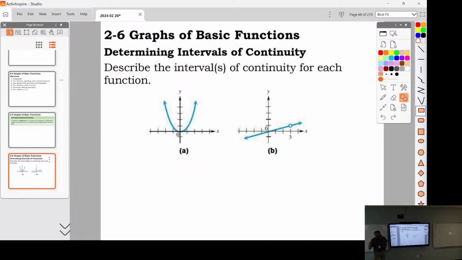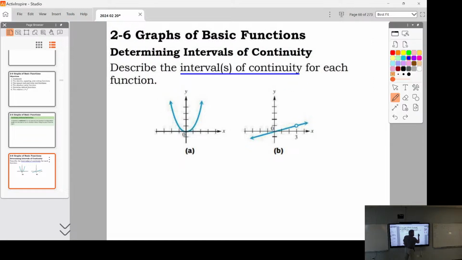When we're talking about intervals of continuity, let's draw some boxes today. We are referring to the domain. So don't tell me about going up. So letter A, on what interval or intervals is A continuous? On the x-axis, where does it start? Negative infinity.